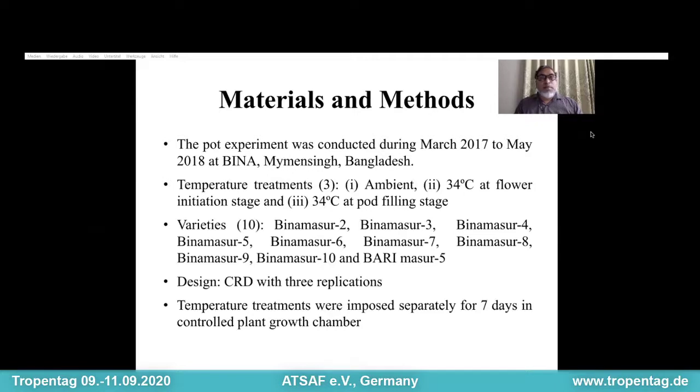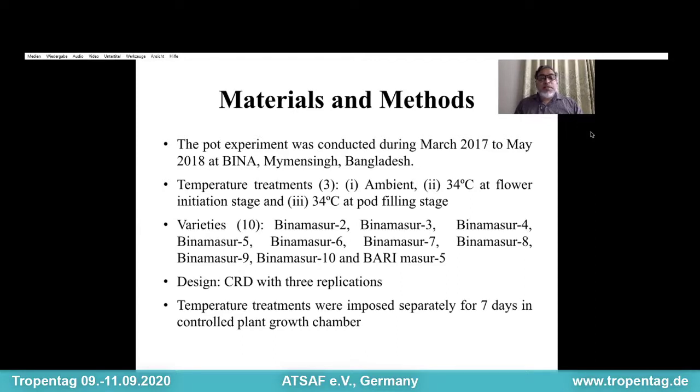I can describe materials and methods. The experiment was carried out in pots during March 2017 to May 2018 at Bangladesh Institute of Nuclear Agriculture, Mymensingh, Bangladesh.